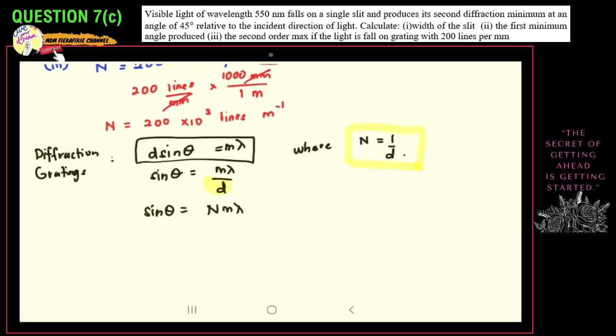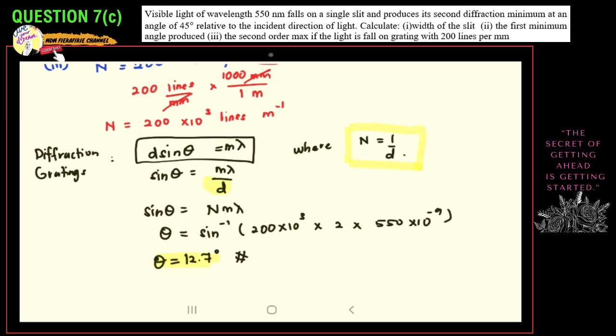So from here we can find theta is equal to inverse sin of n, which is 200 exponent 3, times 2 times 550 exponent negative 9. Okay, so theta is equal to 12.7 degree. Okay, so finish question number 7.